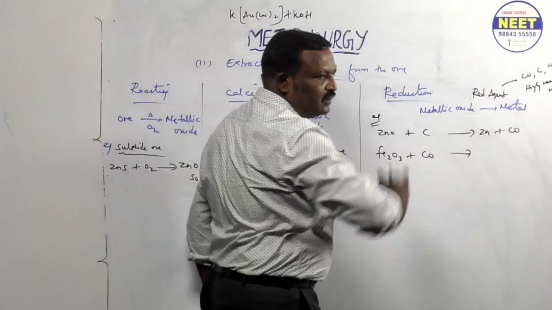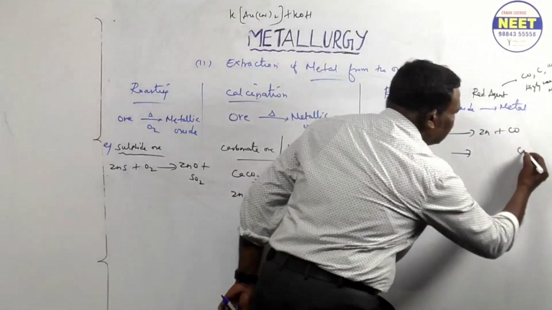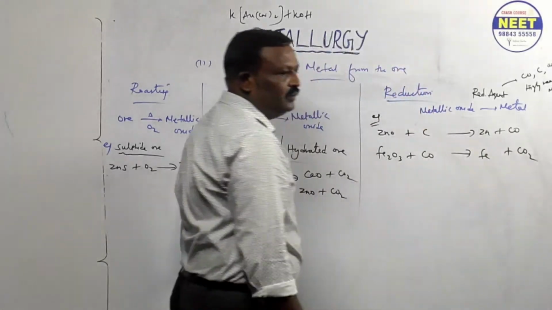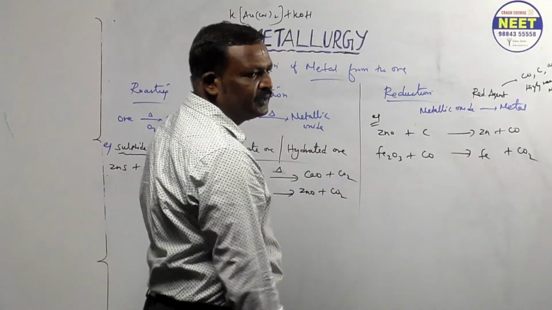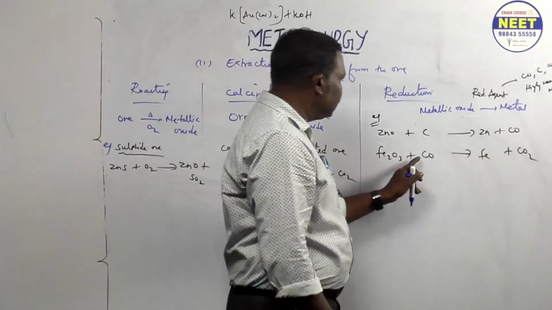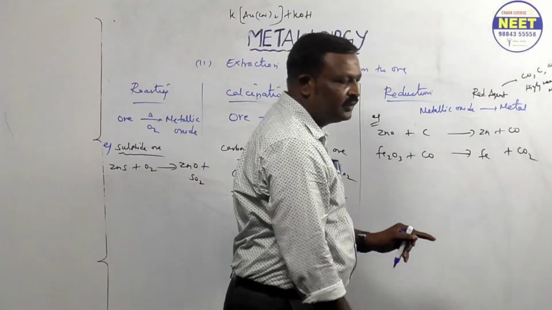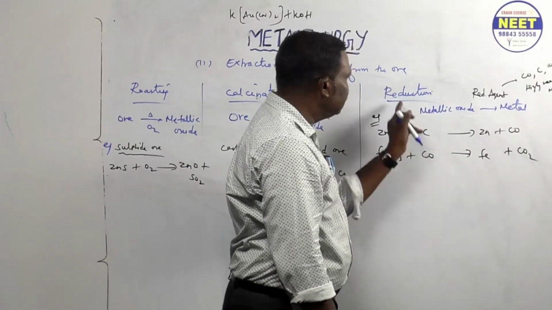CO becomes CO2, plus Fe, after balancing the equation. And it reduces metallic oxide into metal. So this is called the reducing agent. Understood? This is all the reduction process.